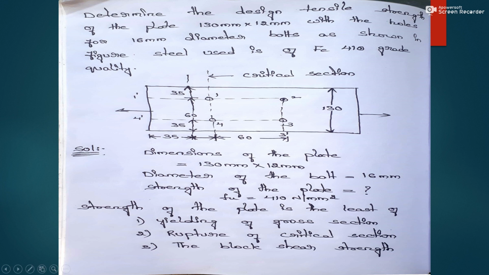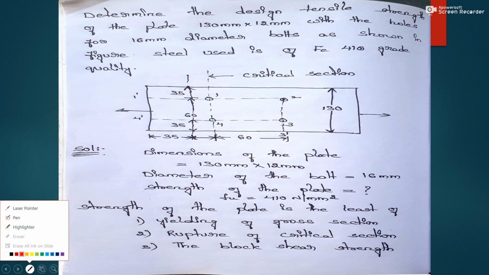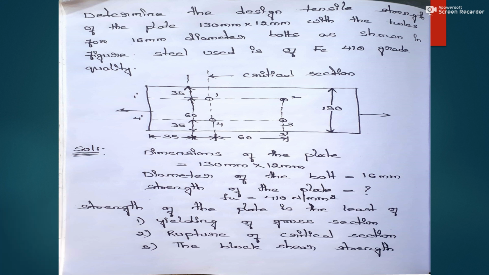Determine the design tensile strength of plate 130 mm by 12 mm with the holes for 16 mm diameter bolts as shown in figure. So steel used is Fe 410 grade quality.